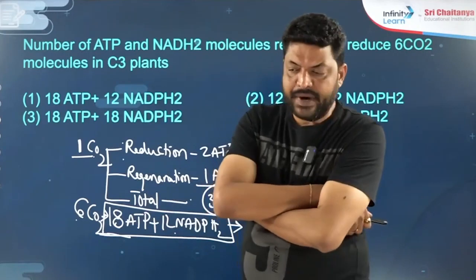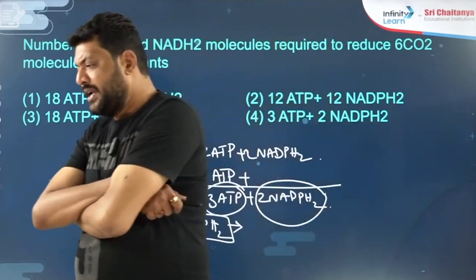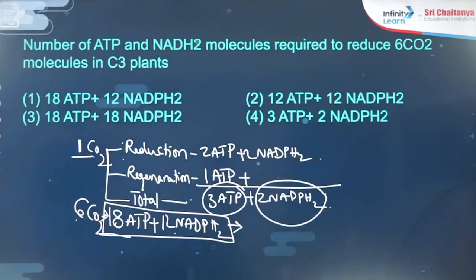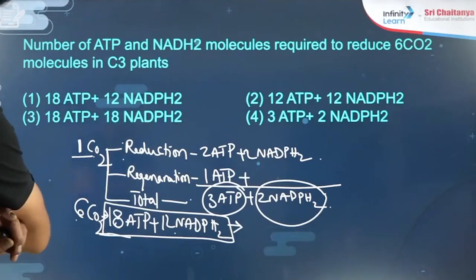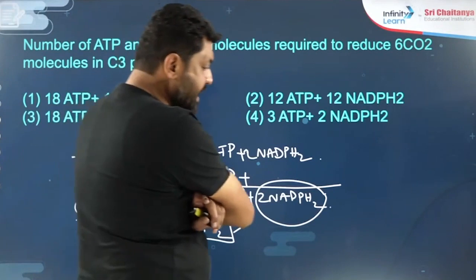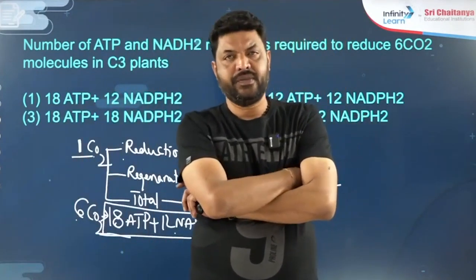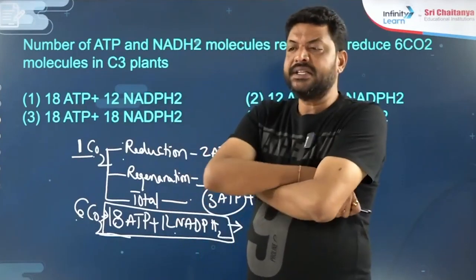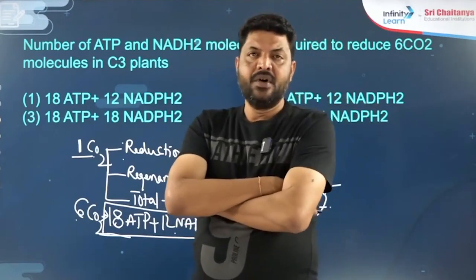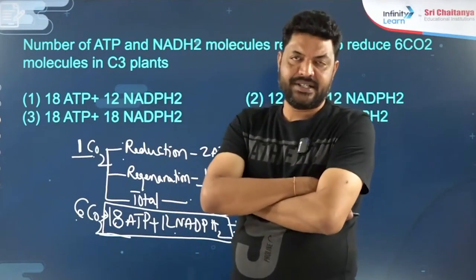And you should remember one more point regarding the dark reaction. If a question is asked in section B like this: if the supply of light is stopped, what happens to the plants?